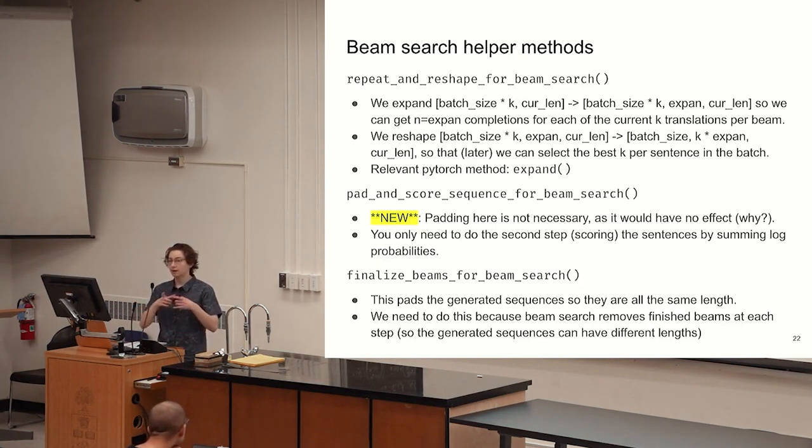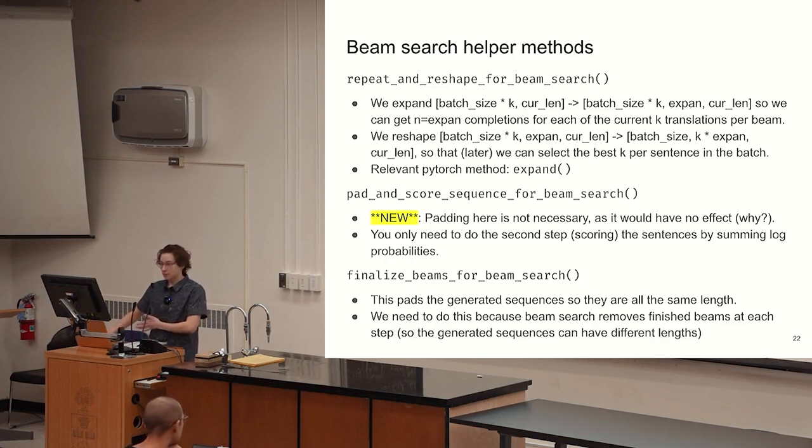So we have lots of different translations that have different lengths. That's what you're addressing in this finalize beams for beam search method. It pads the generated sequences so that they're all the same length. So what you're going to need to do is figure out which sentence is longest and then pad all the other sentences so they have the same length, and you can return a tensor that has that appropriate shape.